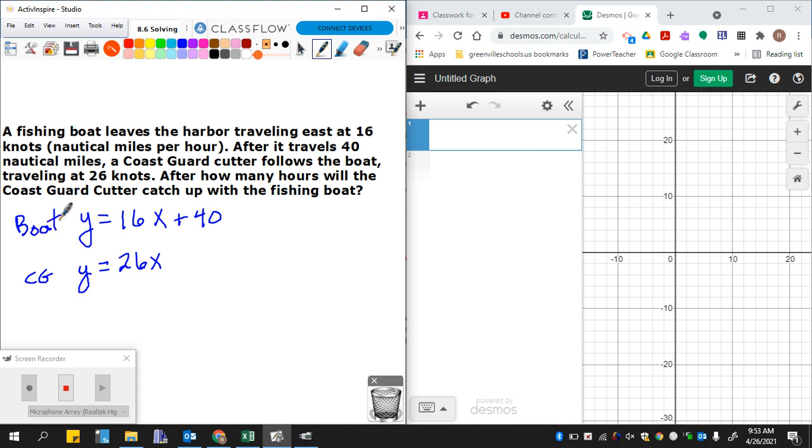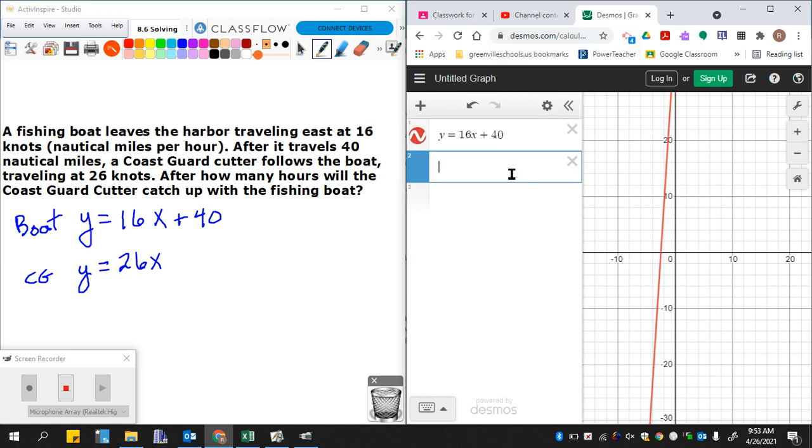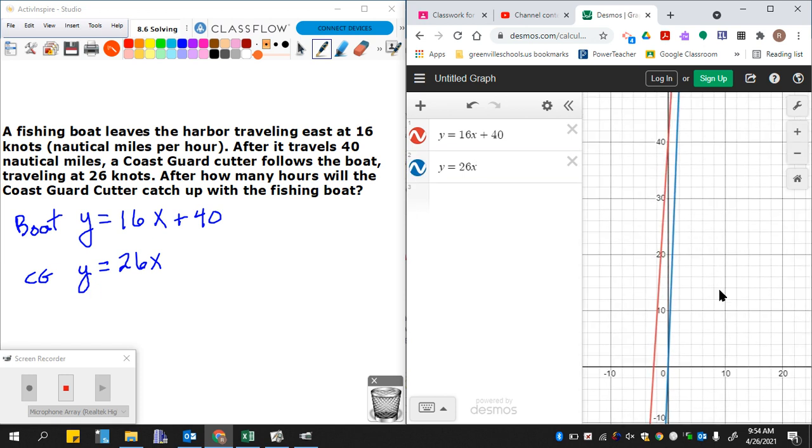So we want to know when they are going to arrive at the same point. So the boat is y equal to 16x plus 40, and the Coast Guard is y equal to 26x. How many hours? So we need to find where they cross.